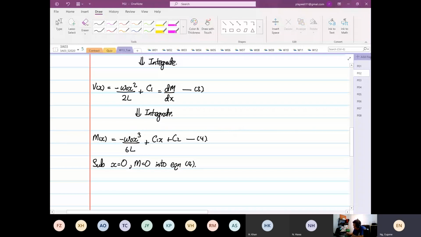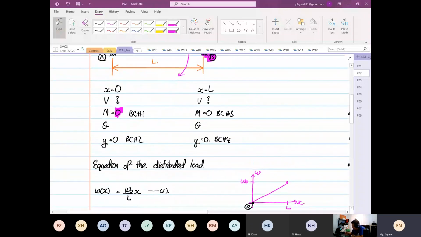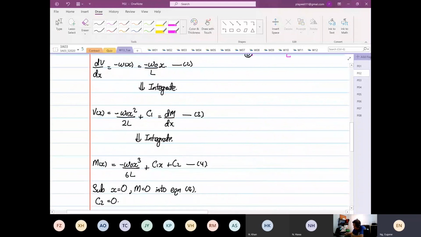So from here, you know that C2 is equal to 0. A good practice is, once you have used a boundary condition, put a tick to know that you are done with it. You cannot use the boundary condition twice for the same equation. It does not work at all. So put a tick down there.